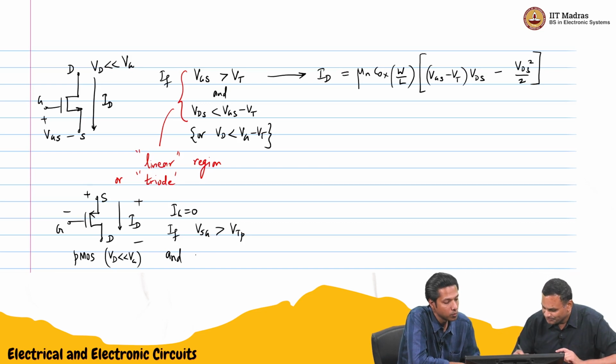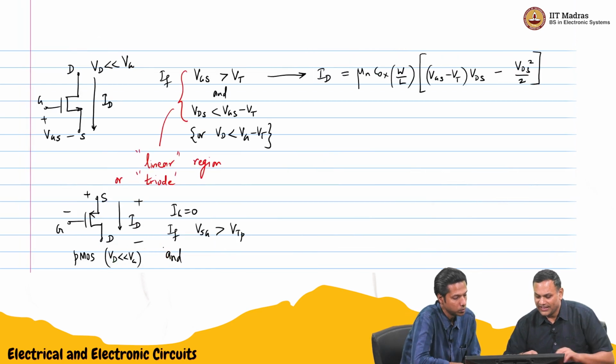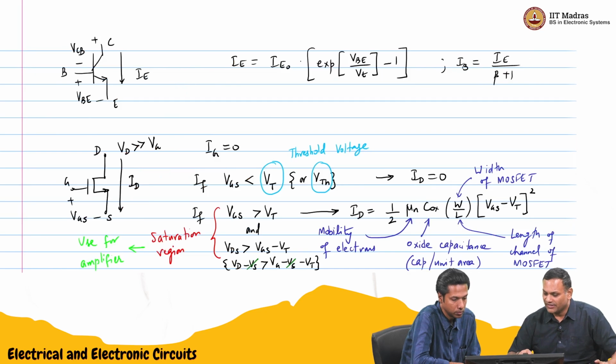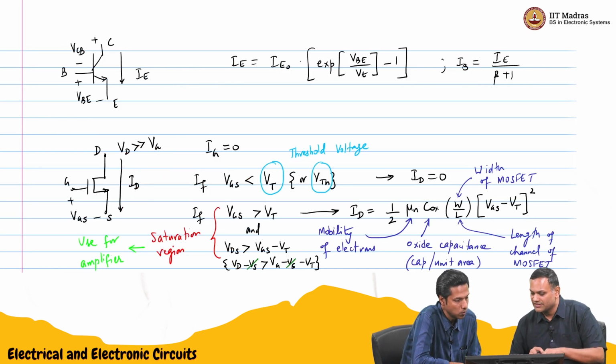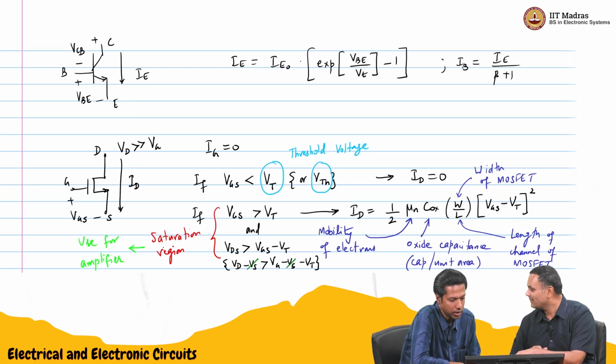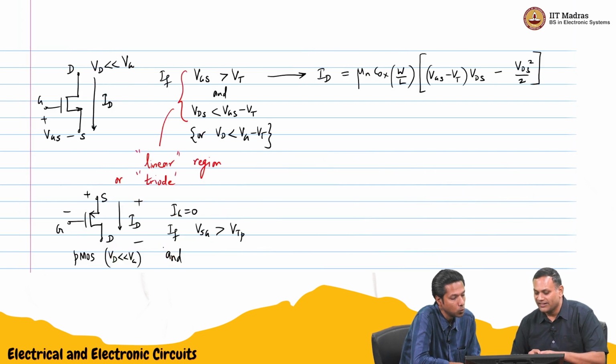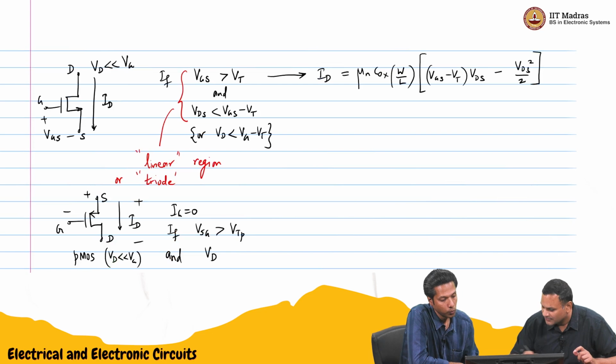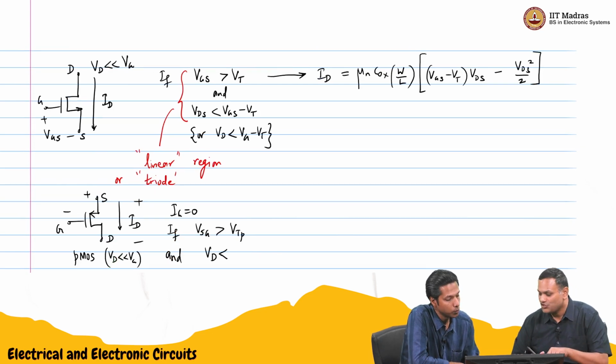In the case of the NMOS transistor, the drain voltage could go as low as VG minus VT. Here the drain voltage should be less than VG plus VT. That is the difference.